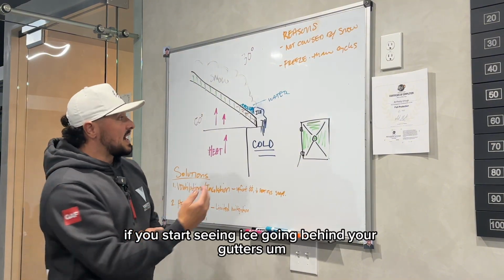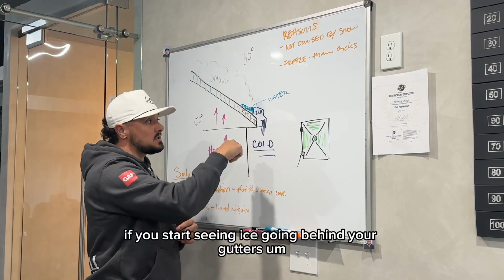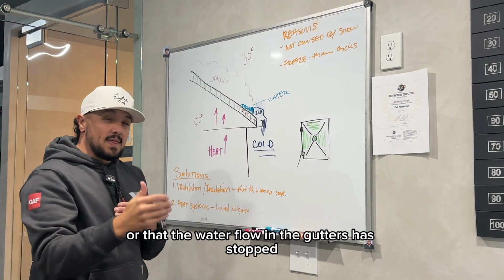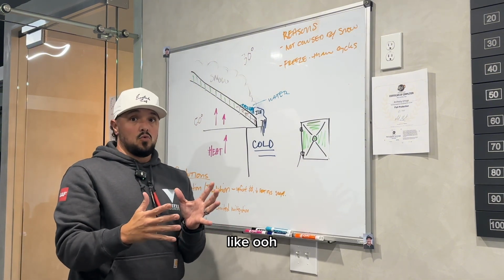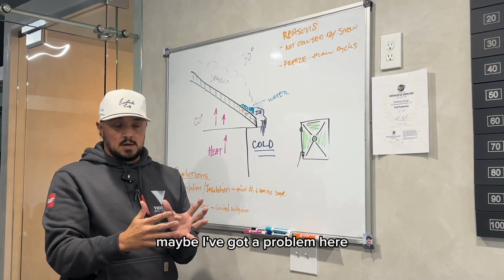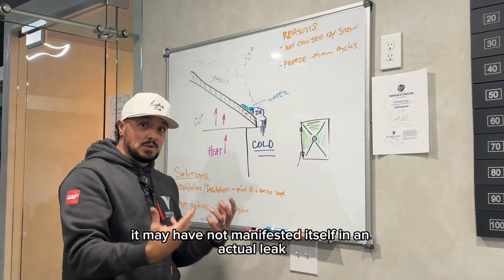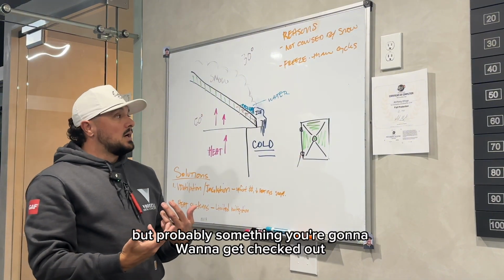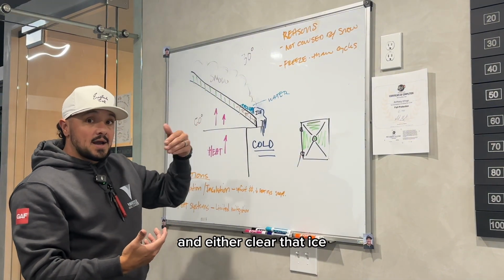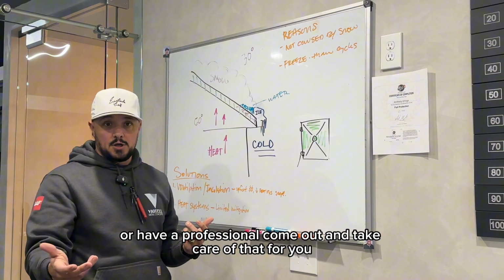If you start seeing ice going behind your gutters, or that the water flow in the gutters has stopped, that's kind of like the next stage, right? Like, ooh, maybe I've got a problem here. It may not have manifested itself in an actual leak, but it's probably something you're going to want to get checked out and either clear that ice or have a professional come out and take care of that for you.